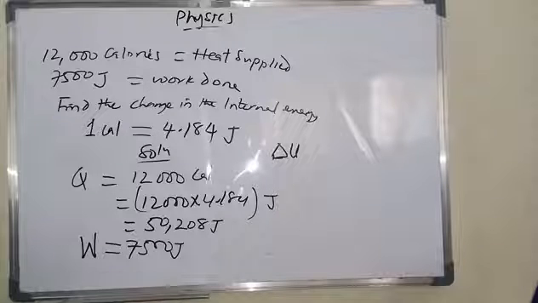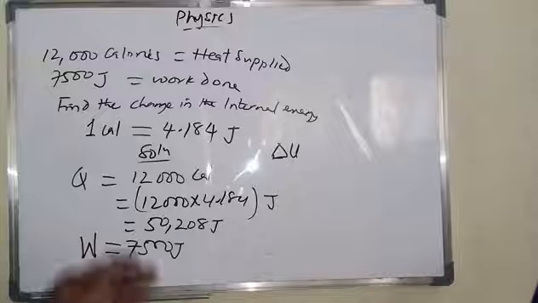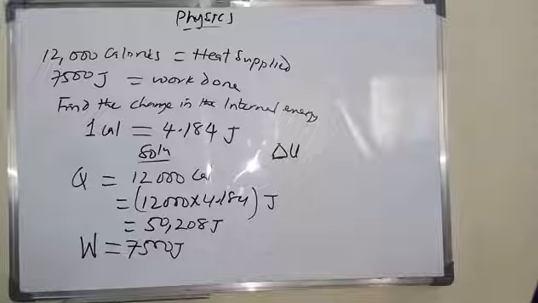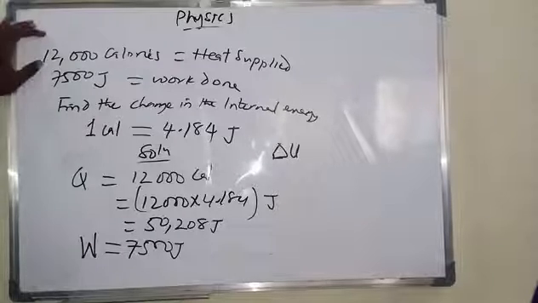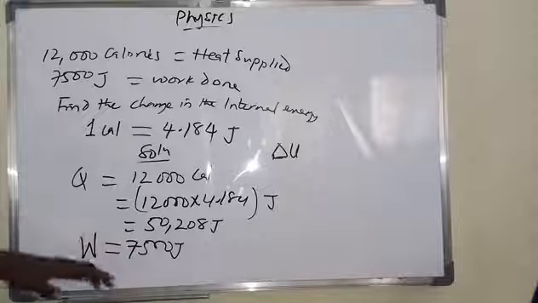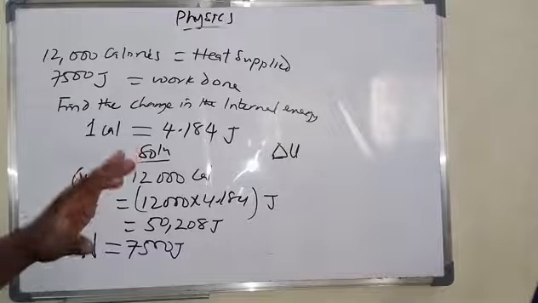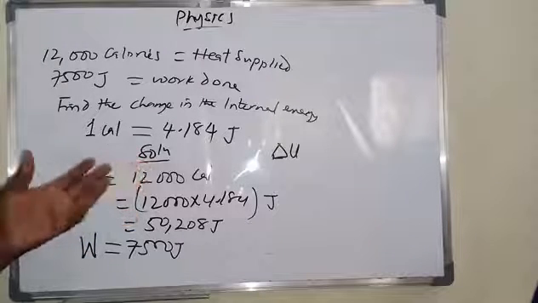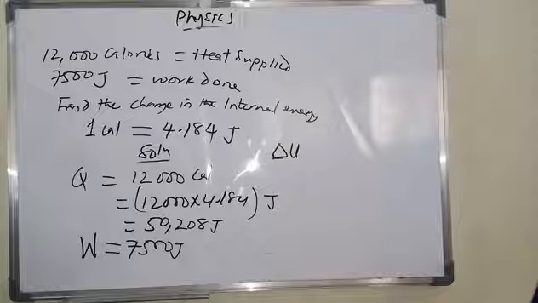If there is a change, it means initially the system has a particular energy, is at a particular state, and then on applying this heat, this work is done. So the system must have been disturbed, and there will be a change in the internal energy. Then what is the change in the internal energy as this happens?